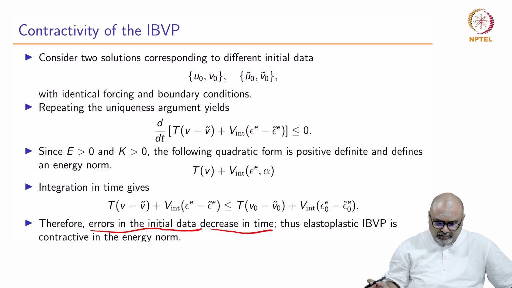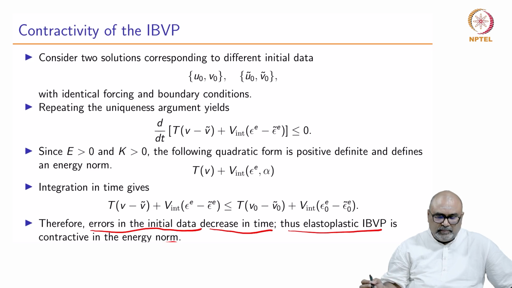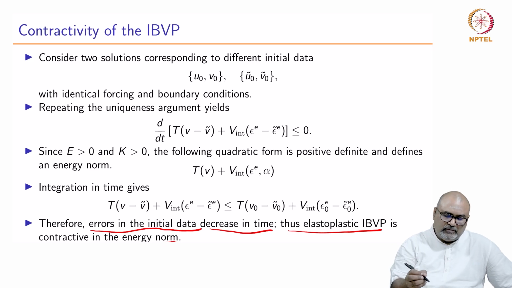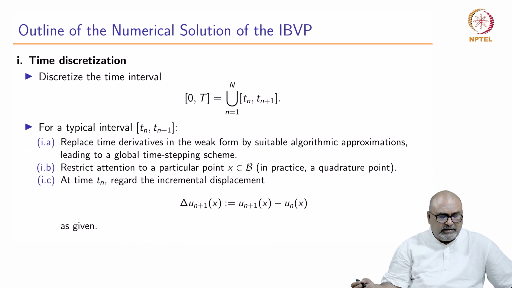So, the error in initial data decreases in time, thus the elastoplastic boundary value problem is contractive in energy norm. So, we are going to reach the actual solution, the less the error in the initial data. This can be shown by considering two different sets of initial data. So, let us look at a numerical solution for the initial boundary value problem.